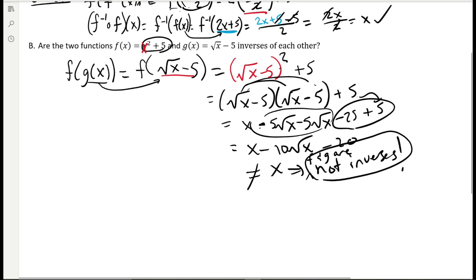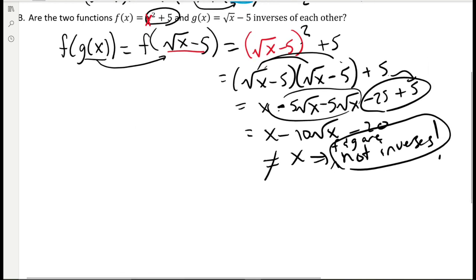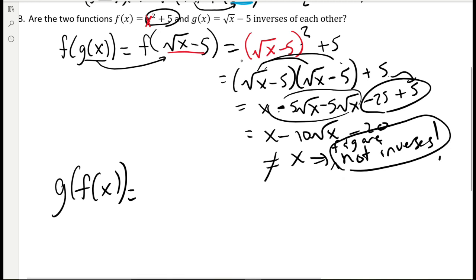Okay, so once you figure out that you don't get x for one side, then you're automatically done. However, I'm going to show you how you would actually do the reverse operation, where you put g first and then f on the inside, just so that you can practice to see how it looks. Okay, so now we're using the g function. We're plugging f into g. So f is equal to x squared plus 5.